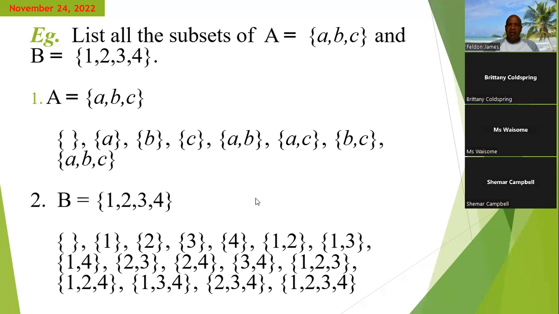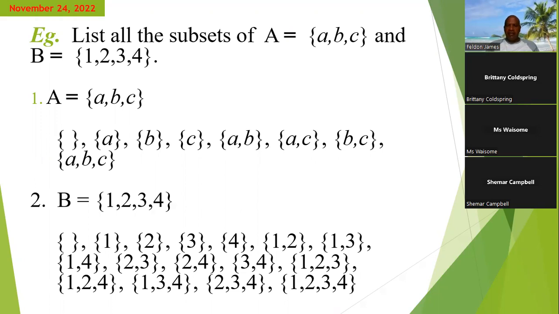Count them and tell me how many you get. So you get 8 from set A. But for set B, how many subsets do you count? 16, sir. 16.